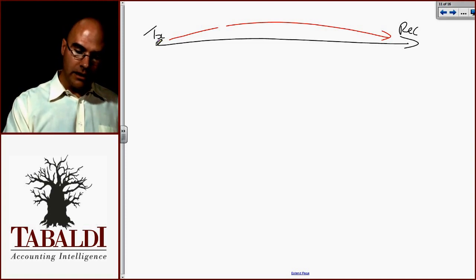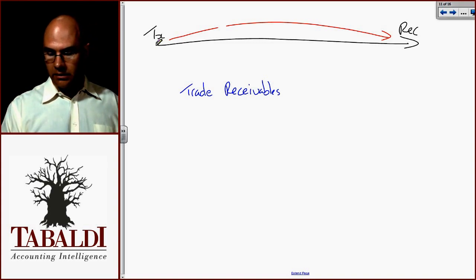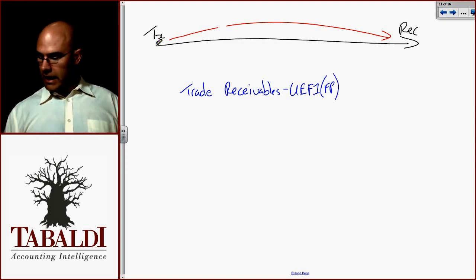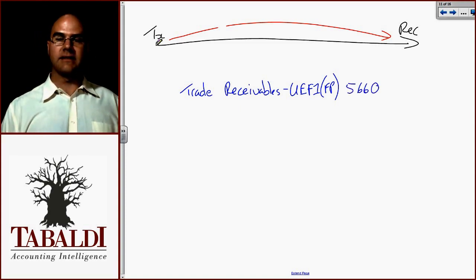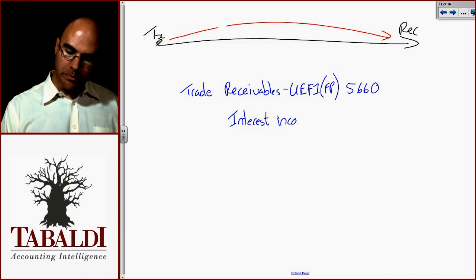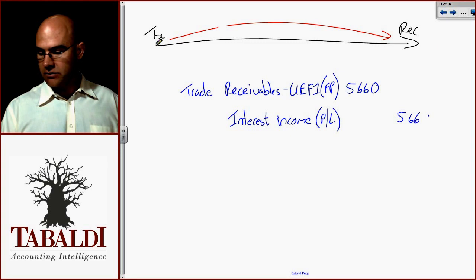We are going to go debit trade receivables, making trade receivables bigger, but we're using the sub-account called unearned finance income in financial position. Every month we'll go and go and go, and we'll land up at a total of 5,660. The credit will go to interest income, which will be a profit or loss component, being 5,660.